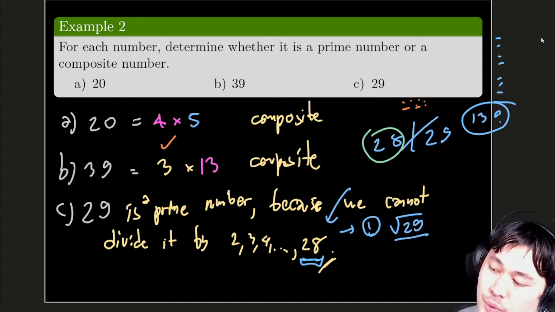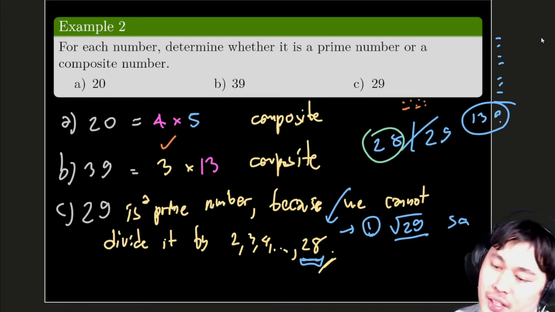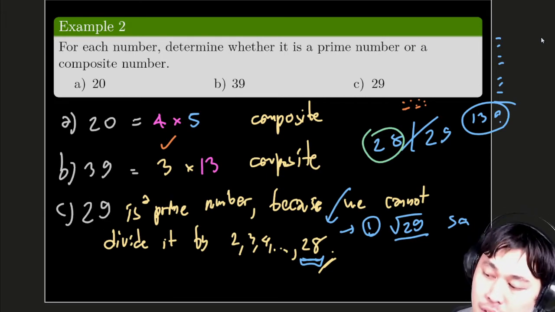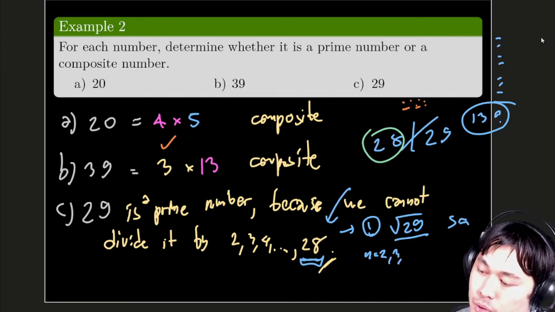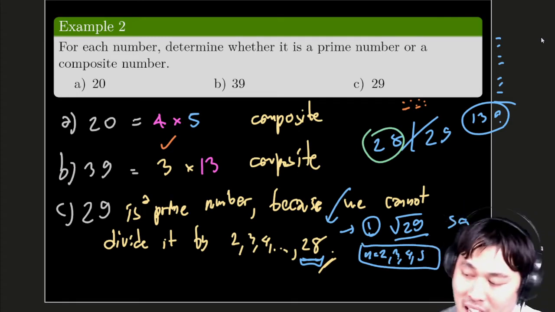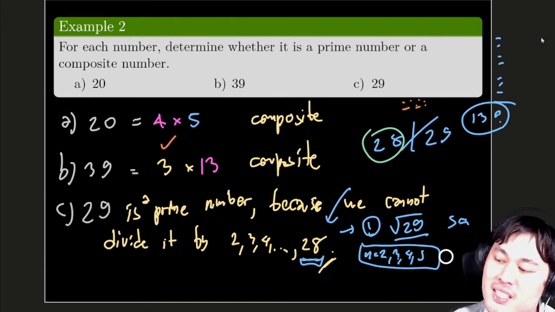In this case, it's the square root of 29, which is about 5. So to prove that 29 is a prime, all you need to do is test the numbers 2, 3, 4, and 5. That's good enough. Only 4 numbers. You don't have to care about 6, 7, 8, and so on up to 28.